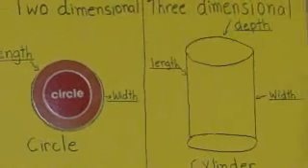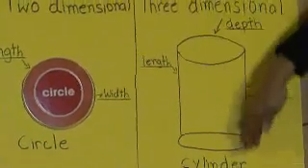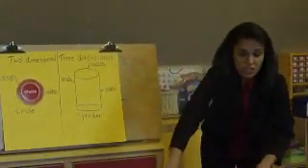They have length, width, and depth. Depth means how deep it is. Not only do you have to know how long and how wide, but you need to know how deep they are. So we're going to use these words. Mike, can you put these words for me on the word wall?